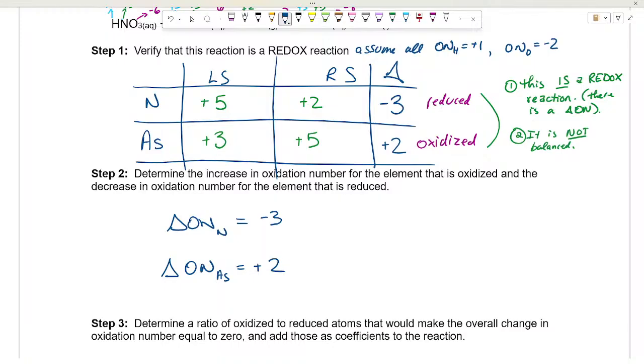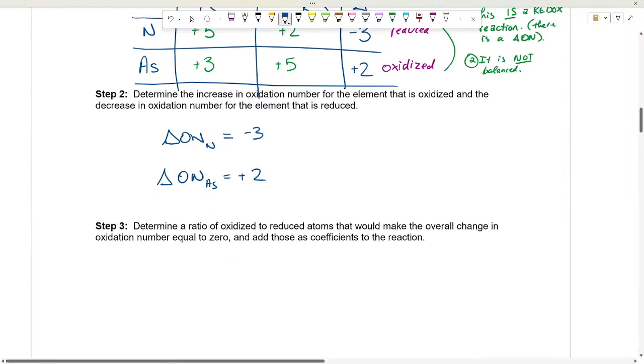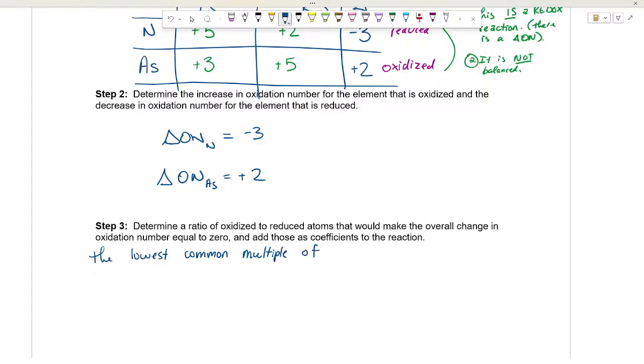Found that above? All right. Cool. Now, what ratio could we work with for that? Is there something we could multiply these by that would balance this out? Where do these meet? What is the lowest common multiple of 3 and 2 is 6, right?